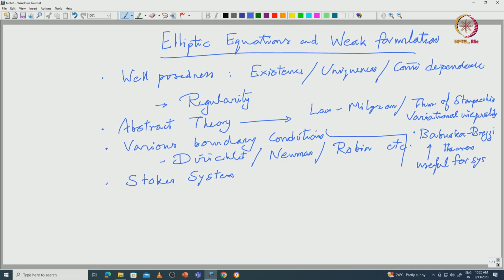In fact, sometimes even equations can be converted into a system and you can apply the Babuska-Brezzi theorem.